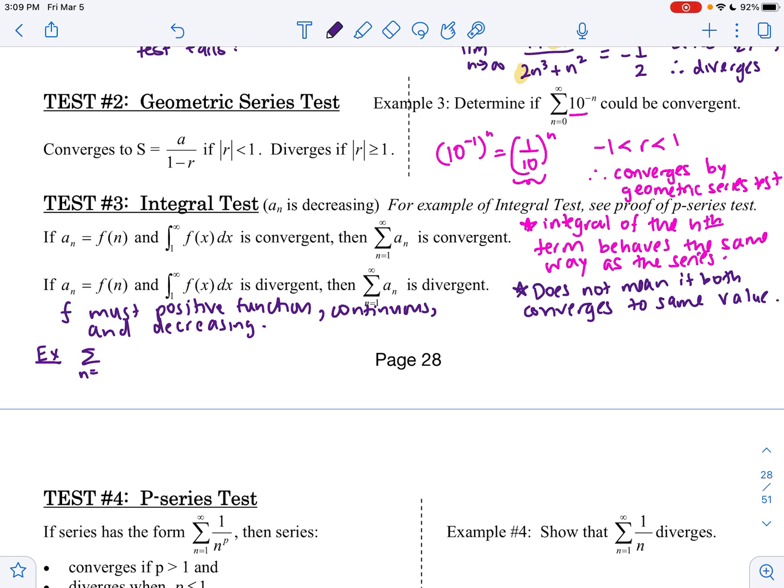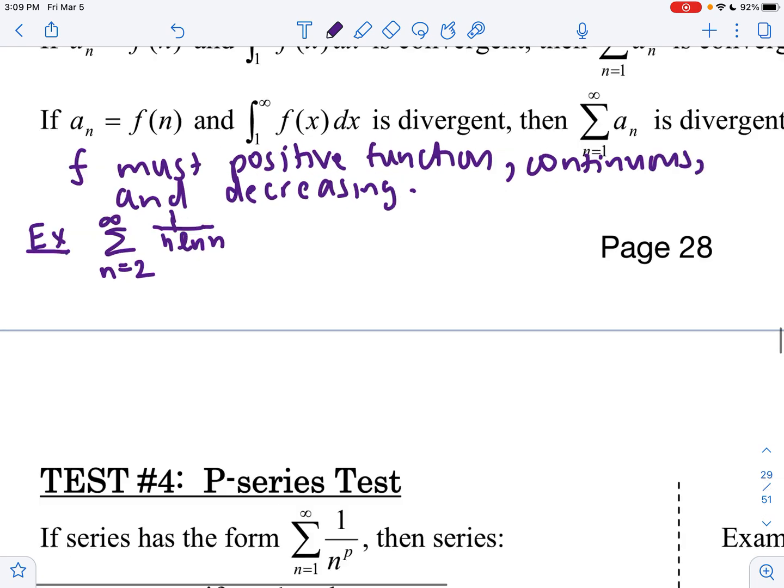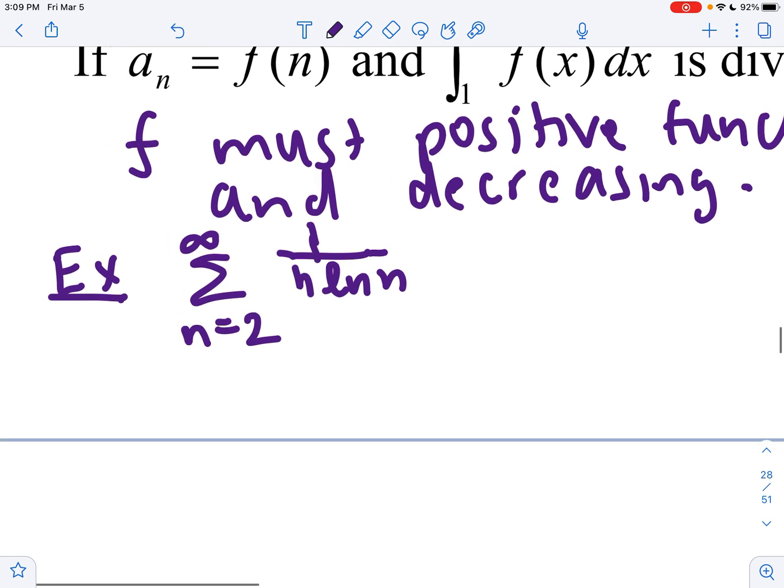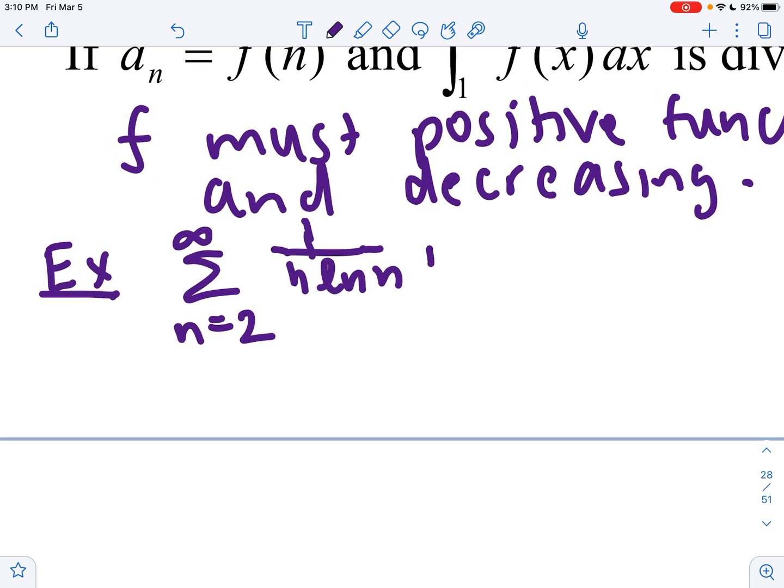The series starts at 2 going on to infinity of 1 over n ln of n. And let me enlarge this here. So let's say we got an example like this, and the question was, does this converge or diverge?